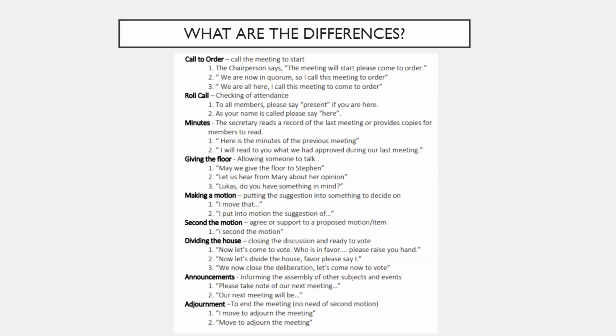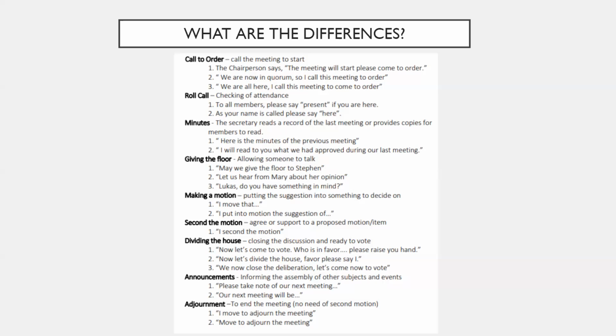Now we have these terms here that you see on the screen, which are used during a meeting. The first one is called call to order, not call to order food or something.